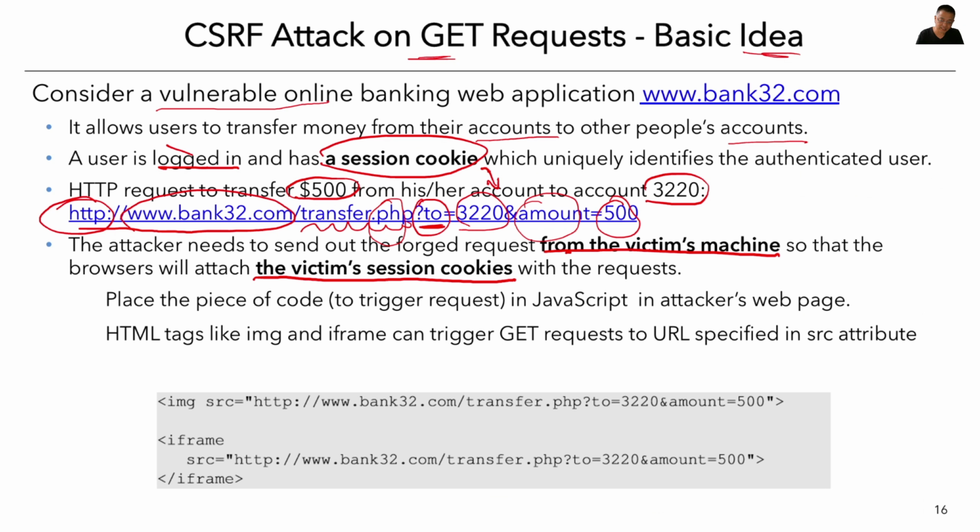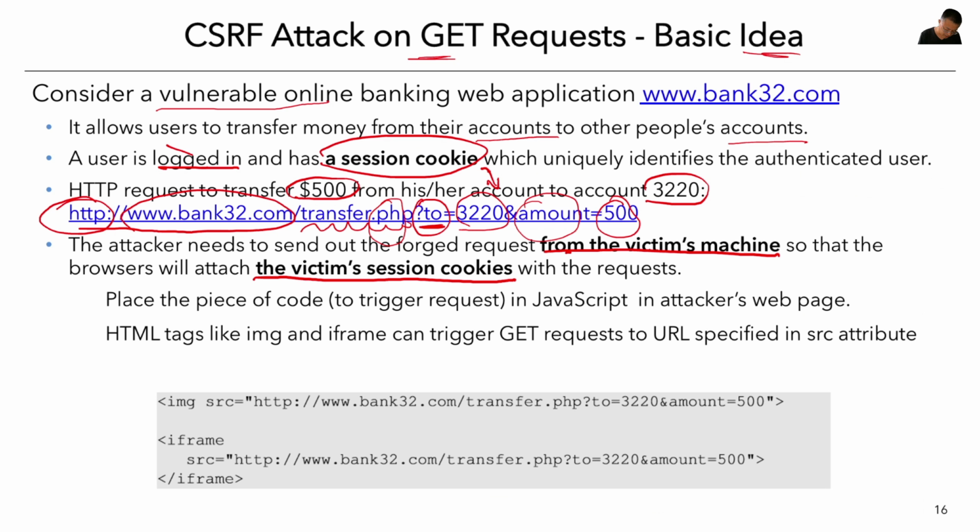When the attack server returns a page to the victim's browser, it's actually running in the context of the victim's machine. So the victim's browser will attach the victim's session cookies with the request.